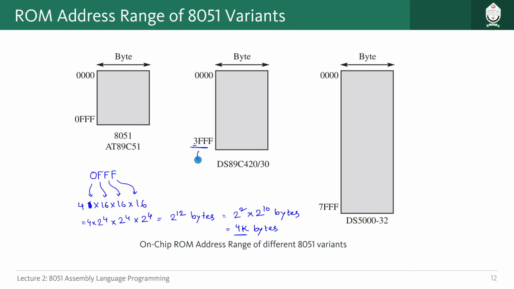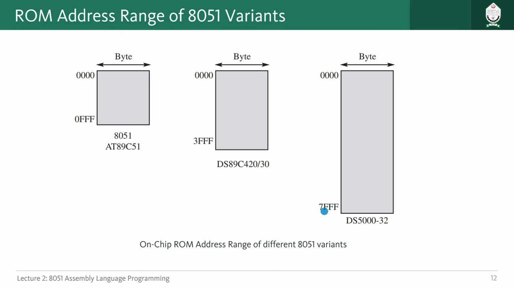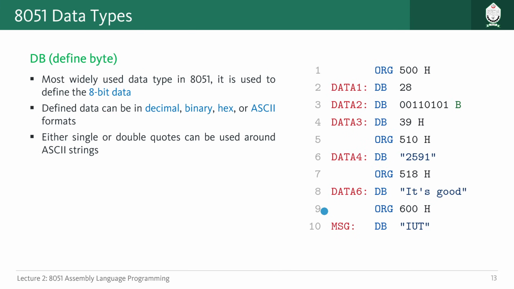So for this case the overall memory is 16K bytes, and for this one we have to multiply with 8 because 0, 1, 2, 3, 4, 5, 6, 7, we have 8 different possibilities. So this is one silly approach I use to understand how much memory we have for a particular ROM. Hope that helps you. Now we will try to learn even more syntax and behaviors of assembly language.